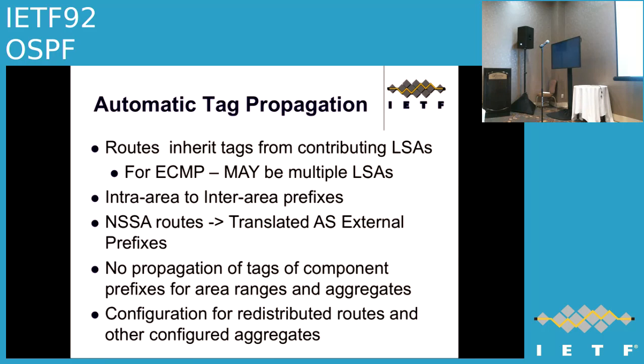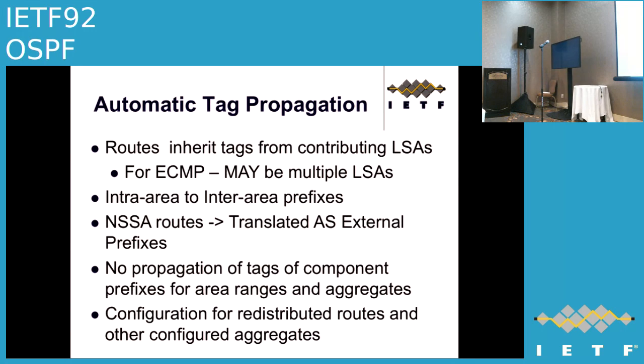Or if you were propagating a tag across an area boundary, going from an intra to inter-area route, you could actually have ECMP. So you may take more than one of these tags from your constituent routes.